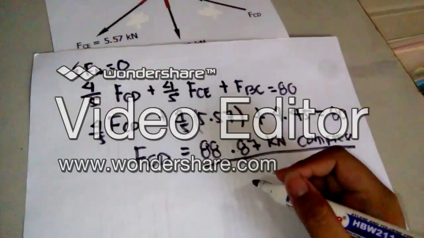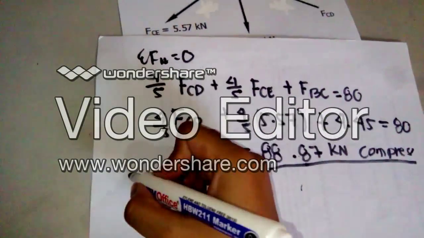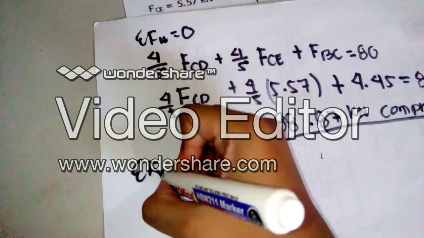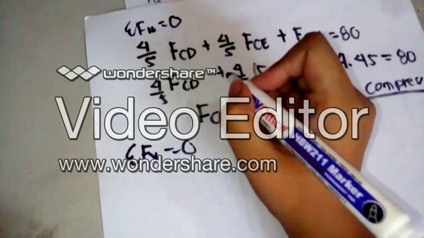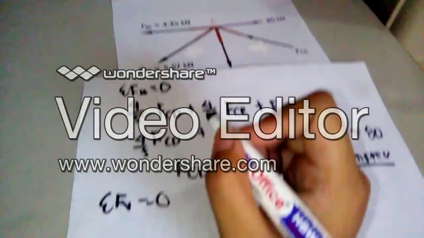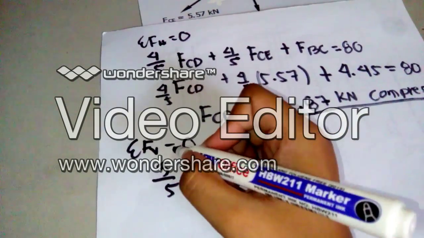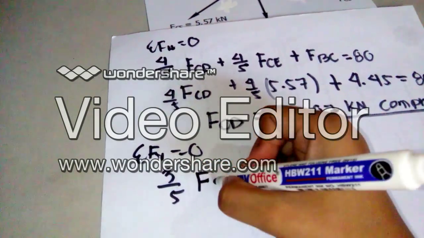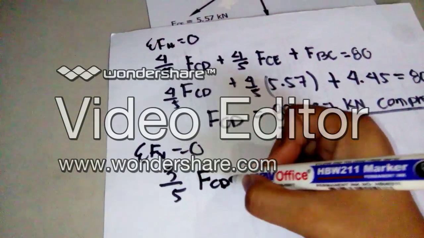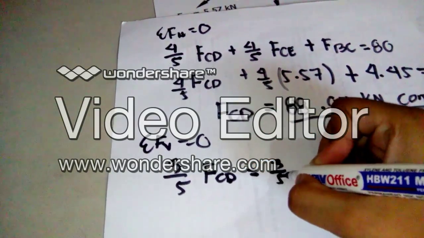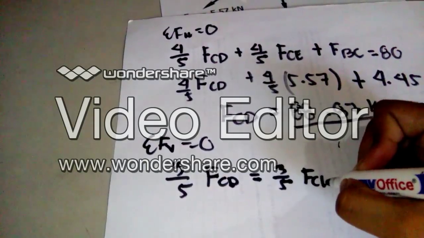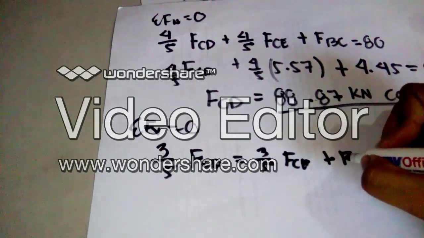So, for the vertical, it is equal to 0. We have 3/5 FCD is equal to 3/5 FCE plus FCF.